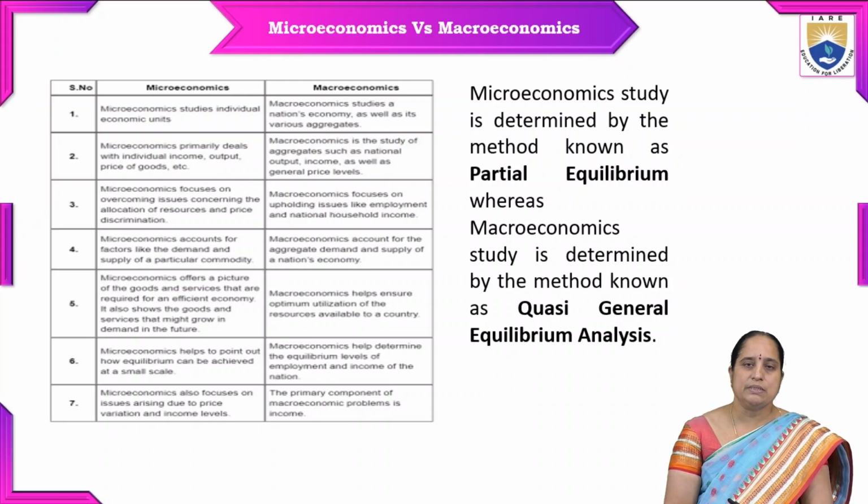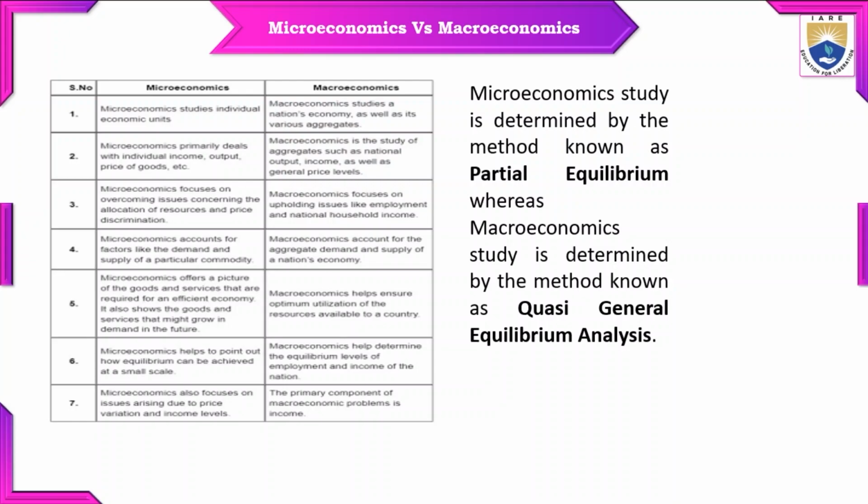Whereas macroeconomics focuses on issues like employment and national household income. And the fourth difference is that microeconomics accounts for factors like demand and supply of a particular commodity, whereas macroeconomics considers the aggregate demand and aggregate supply of a nation's economy.